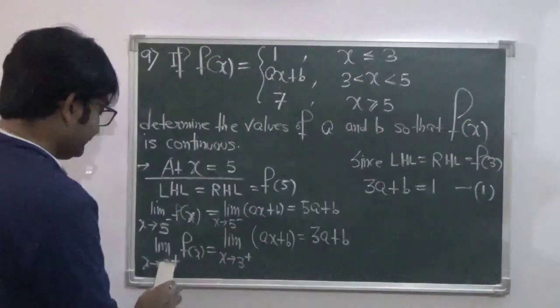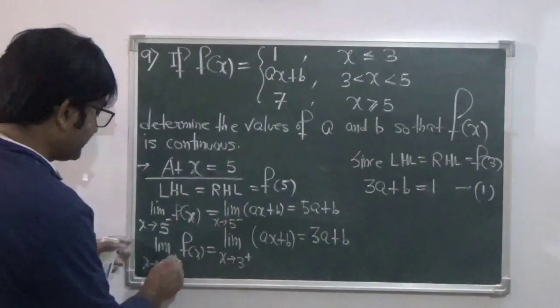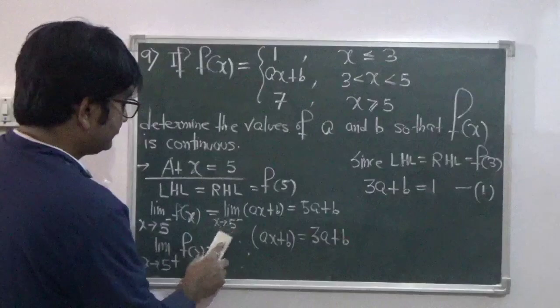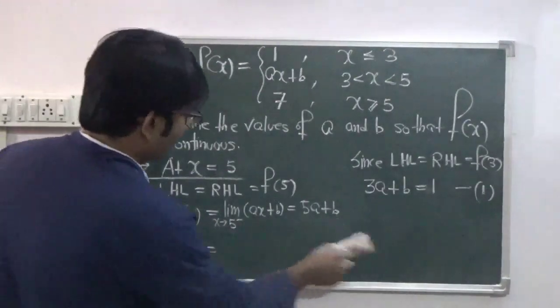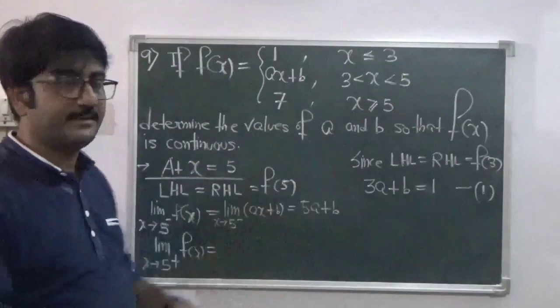And when it is the right hand limit, that is 5 positive, its value is already given, that is equal to 7.